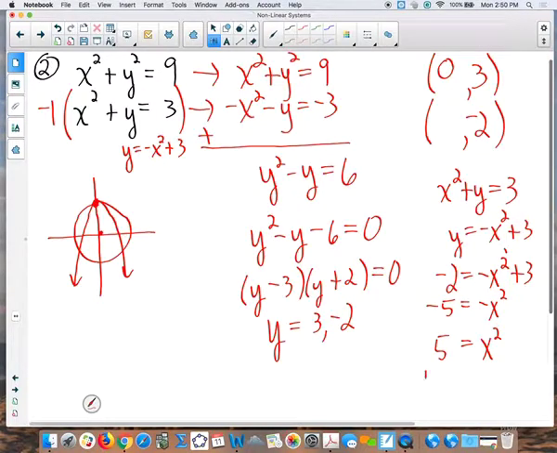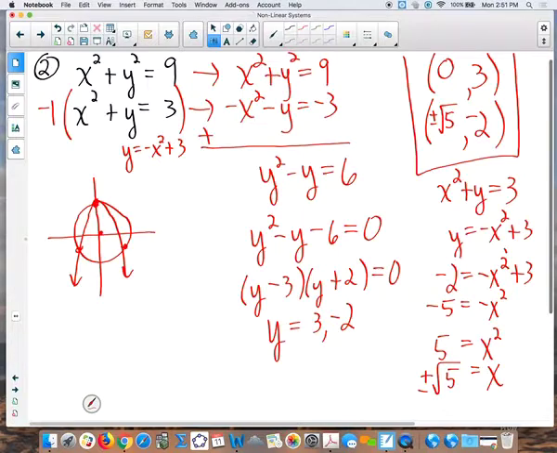Square root both sides, I'm going to get plus or minus the square root of 5 equals x. So when y is negative 2, I am going to get 2 answers for x. That's these guys here. Okay, so 2 different values for x at symmetric points with the y value being negative 2. So here are our 3 solutions to system number 2.